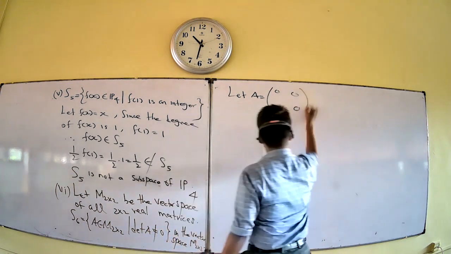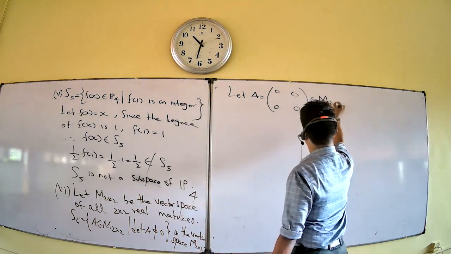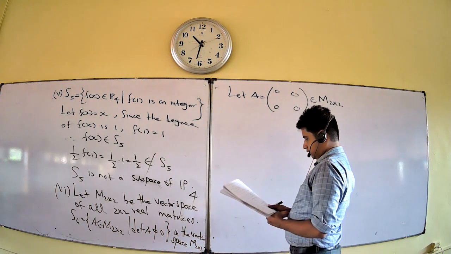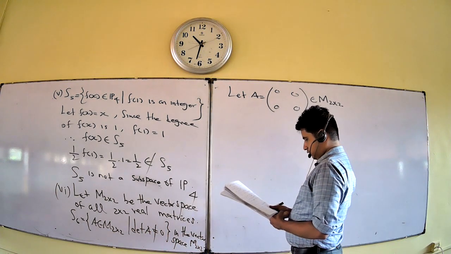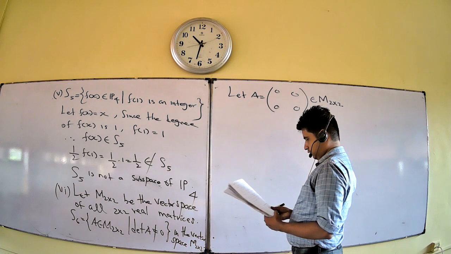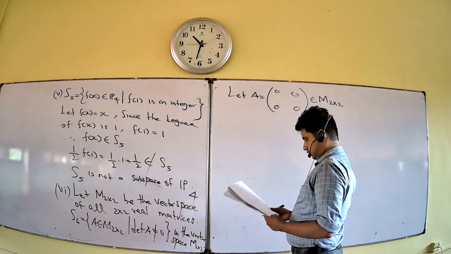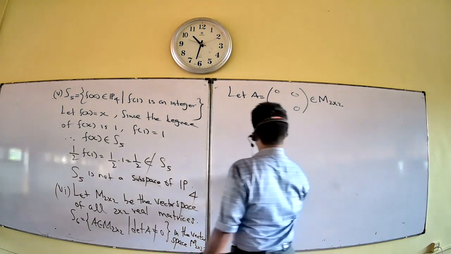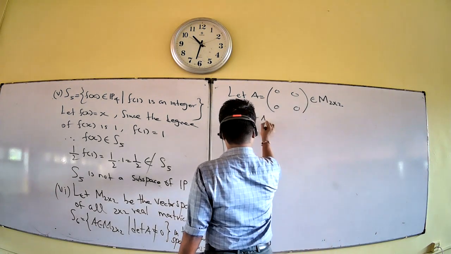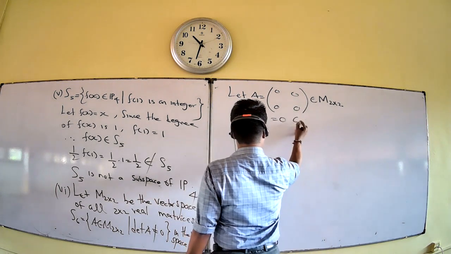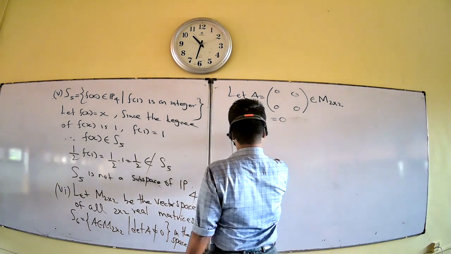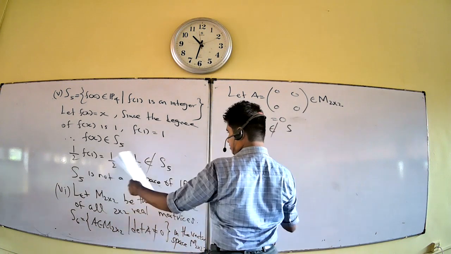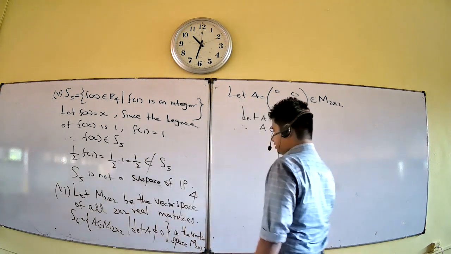This one belongs to M2 cross 2, but its determinant is zero. Therefore A does not belong to S6.